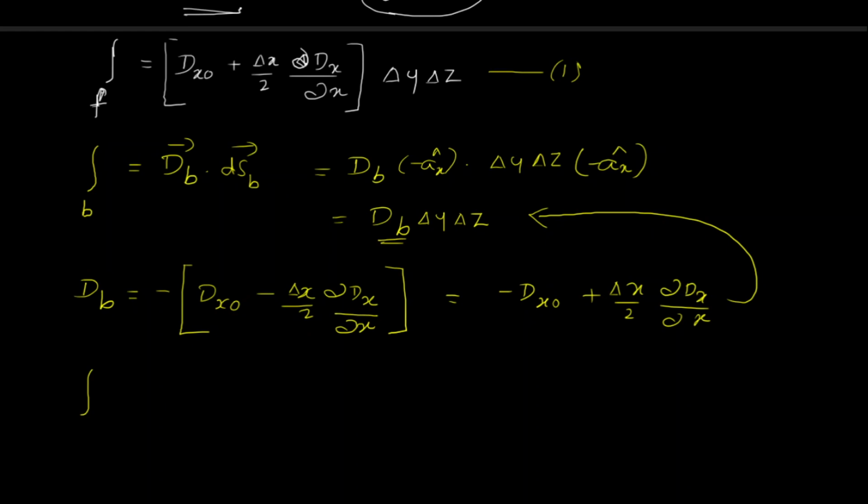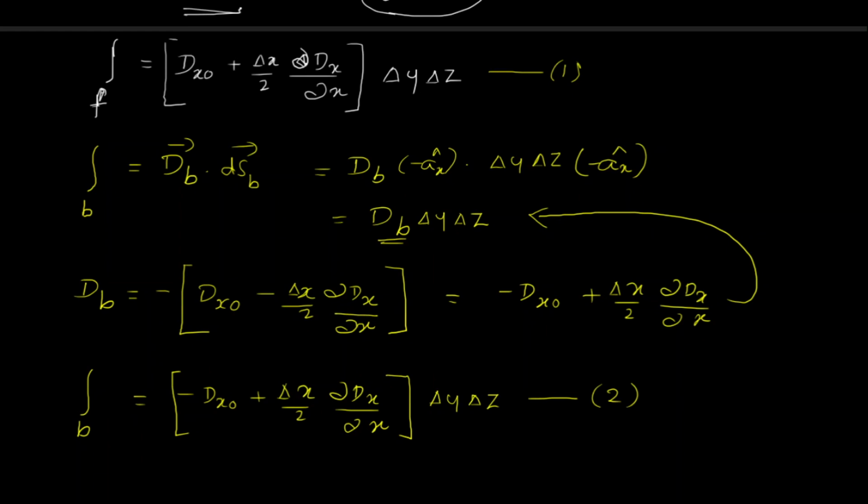So my back surface evaluation now becomes minus dx naught plus delta x by 2 partial differential of dx with respect to x, all multiplied by delta y delta z. Now let me notate this as second equation.